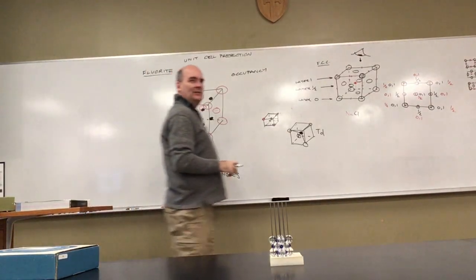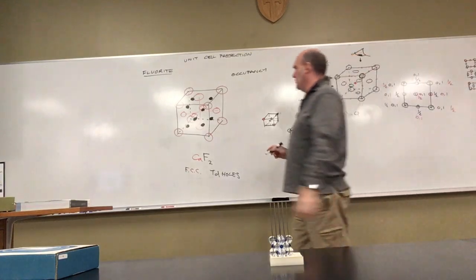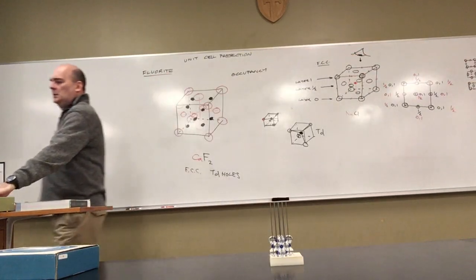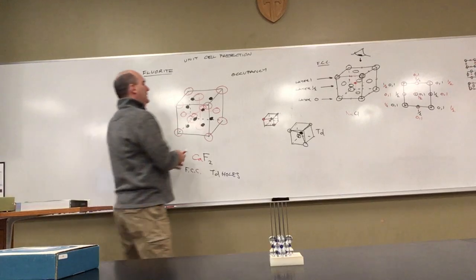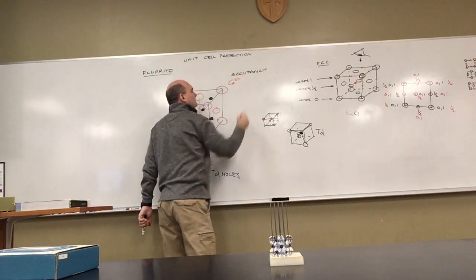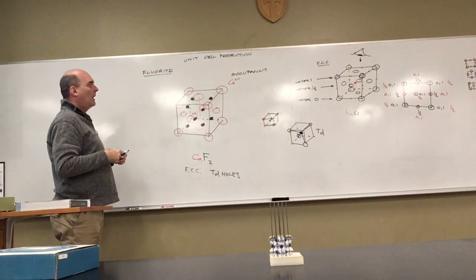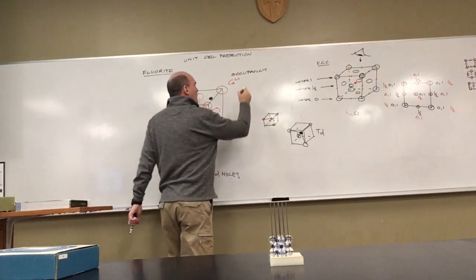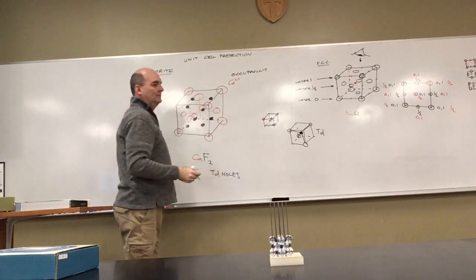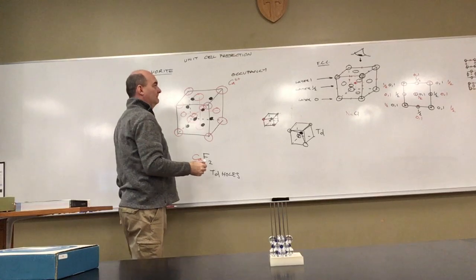Let's do a couple of things with this information. First of all, let's count occupancy. Occupancy, we've done this before. Here's the calcium. How many corners do I have? 8.